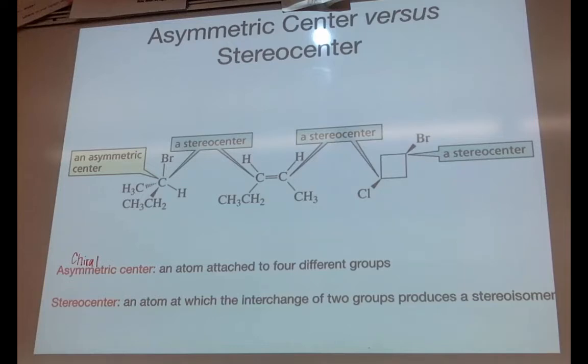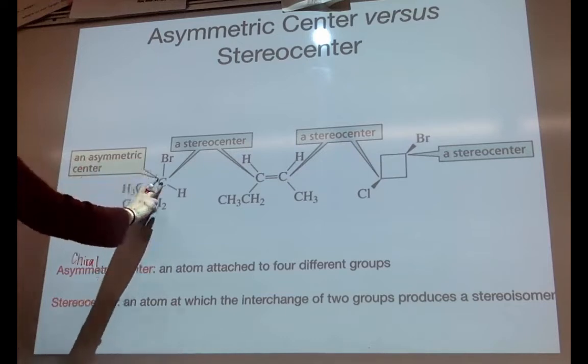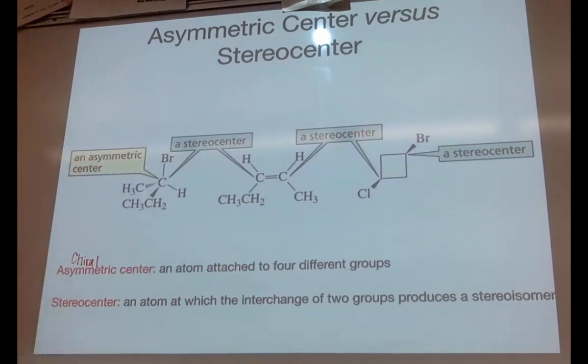We just looked at that. A stereocenter is an atom where if you switch 2 groups, you produce a stereoisomer. Notice a chiral center is also a stereocenter.